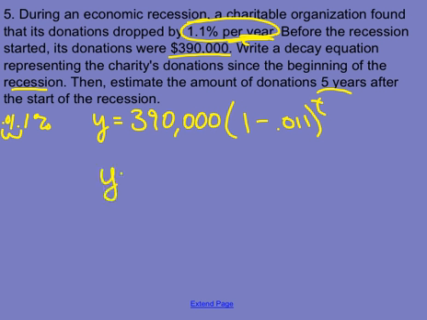This is per year, so it is a time. Now, 5 years later would be 390,000 times 1 minus 0.011 to the 5 years. When I do this, I finally grab my calculator. 1 minus 0.011, I get 0.989 to the 5th power, so caret 5, is about 0.946 times 390,000.